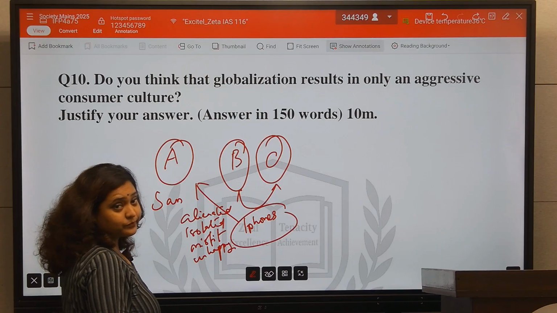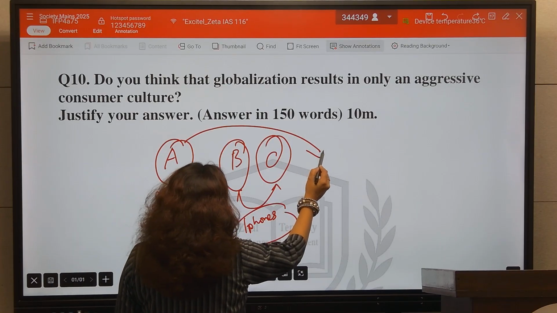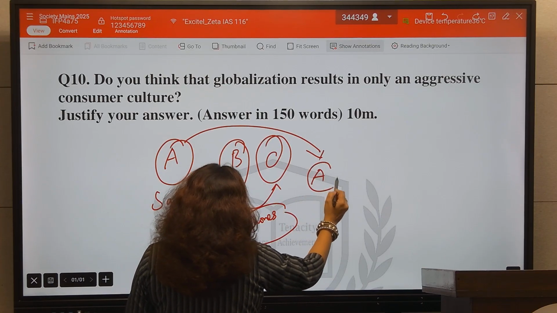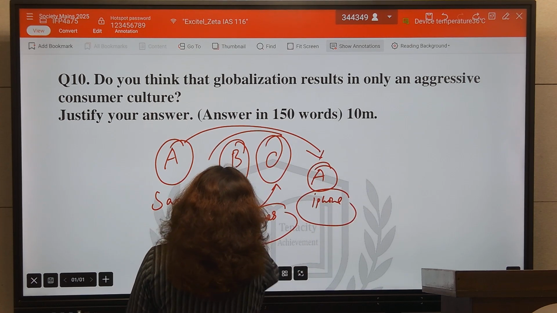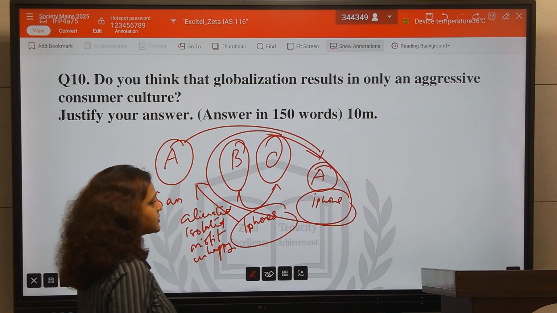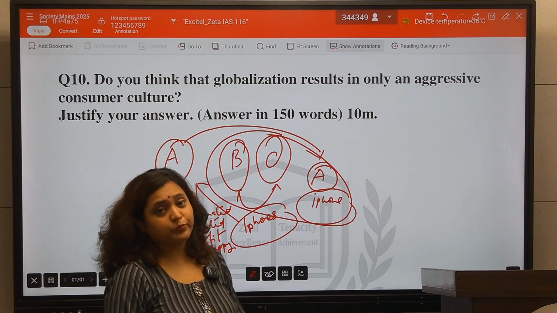What will A do? A will ask for an iPhone. Then A also has an iPhone, and now everybody has an iPhone, so they are all one group and they are all happy. And this is how aggressive consumer culture is propagated.